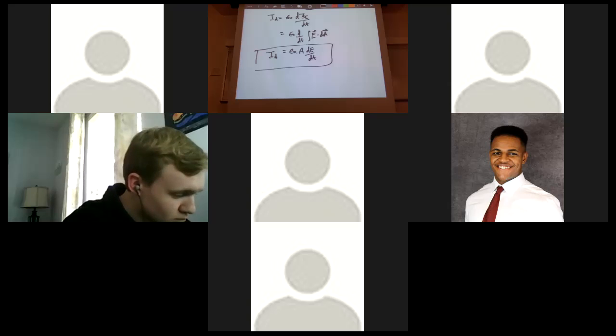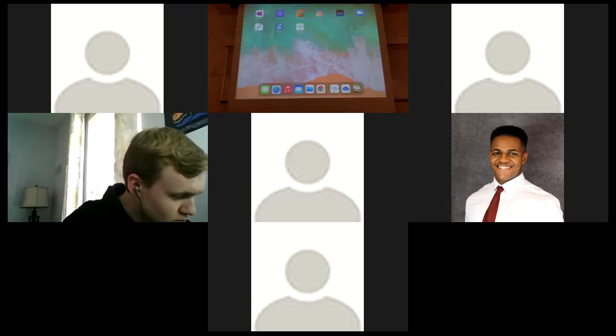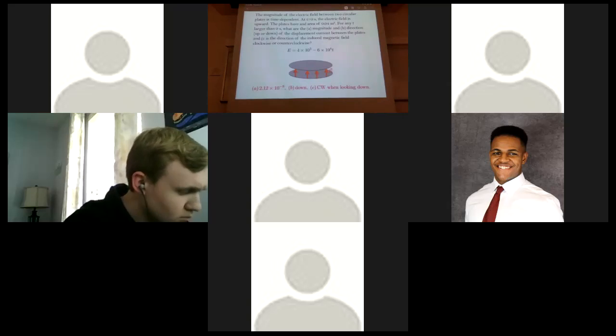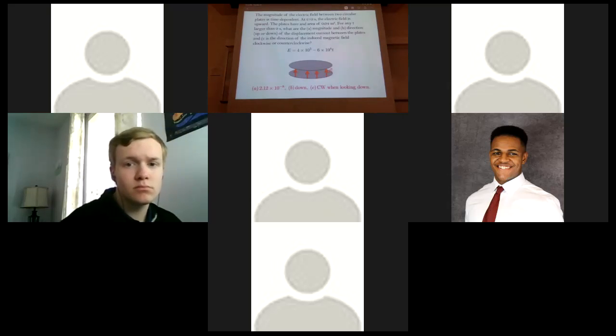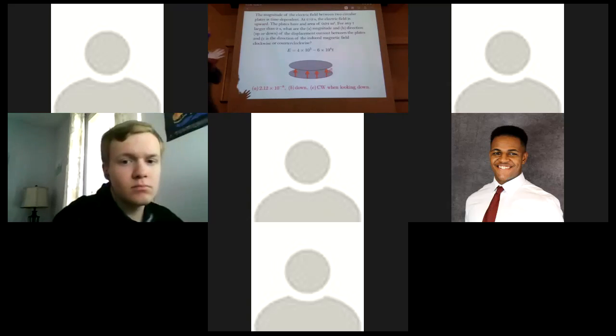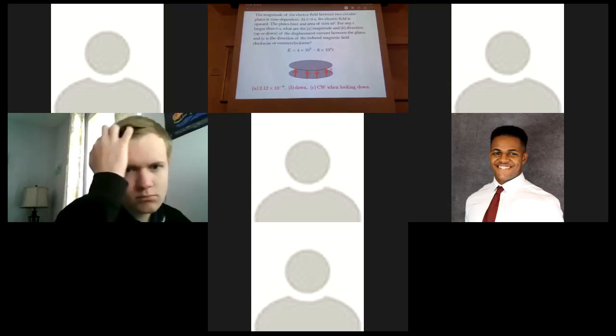Right? So you're always trying to enhance the change instead of decrease the change. So that's how you answer then part D. And then once you know the direction of the displacement currents, i.e. the direction of the induced electric field, your fingers then will go around in the direction of the induced magnetic field. So that's how you're going to figure that one out. Okay. So that's all you need for those.